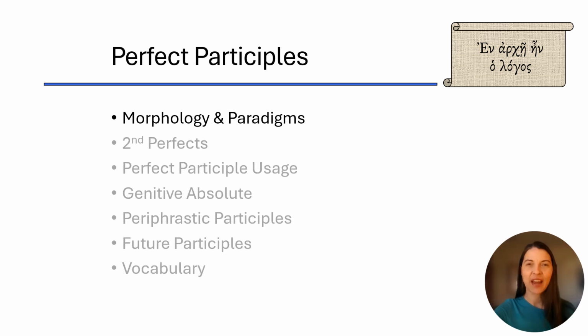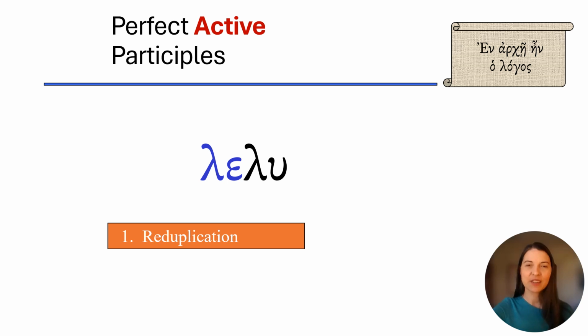So let's take a look at how perfect participles are formed. Perfect active participles follow a similar pattern to perfect indicative, as well as participles in general. So it makes sense that in the perfect tense, we're going to see reduplication happening. That stem is going to reduplicate right at the beginning of your perfect active participle.